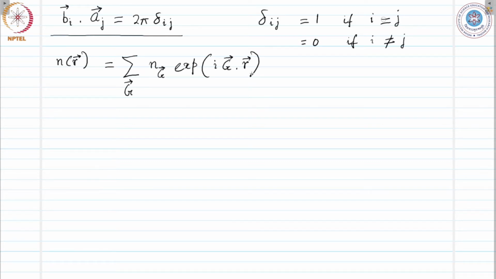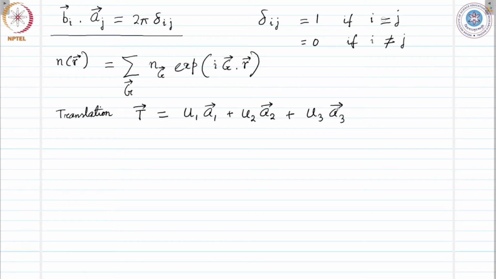Now, if we consider a translation in real space, T equals u1 a1 plus u2 a2 plus u3 a3.